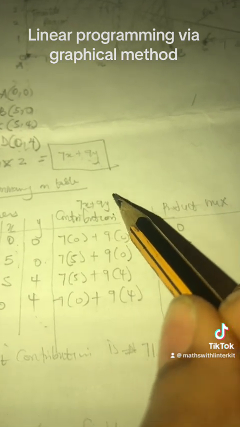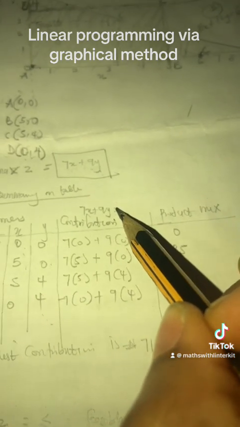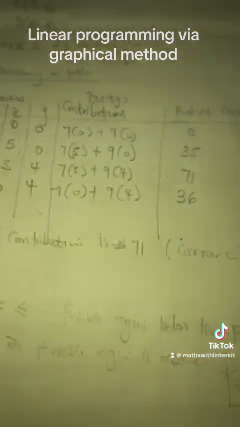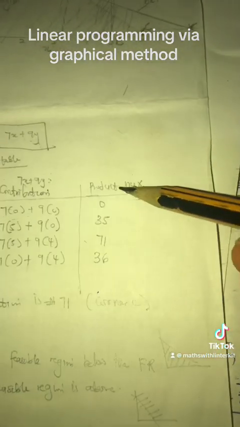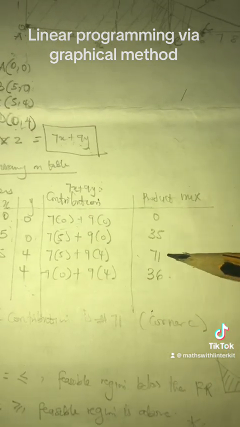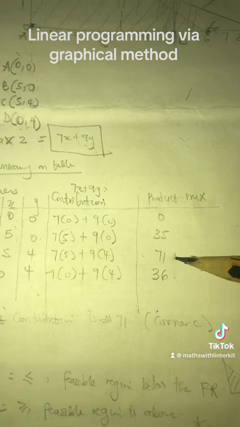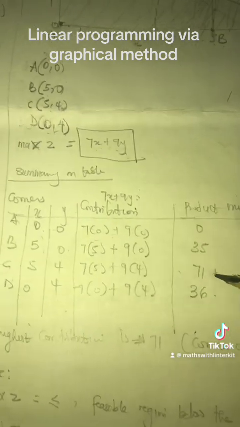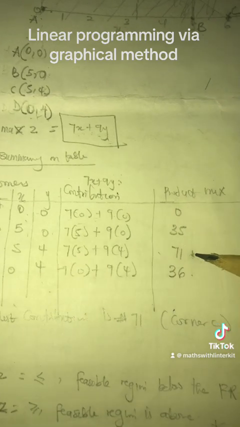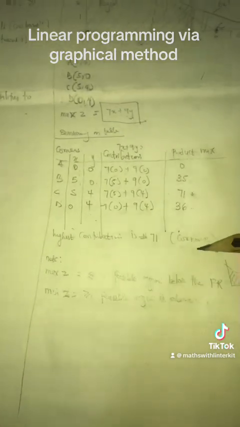Then you start substituting the X and Y into the profit model. Your answer is something like this. The highest contribution here is 71 naira, so it is at corner C that you will maximize.